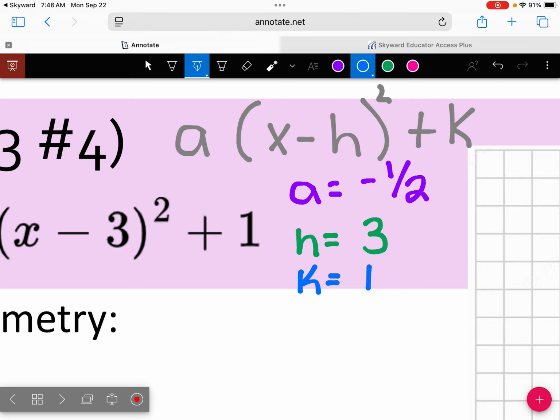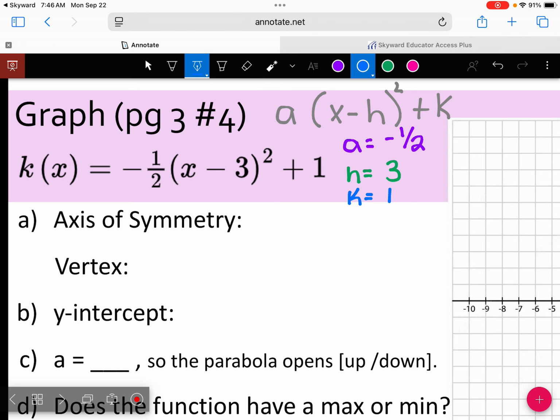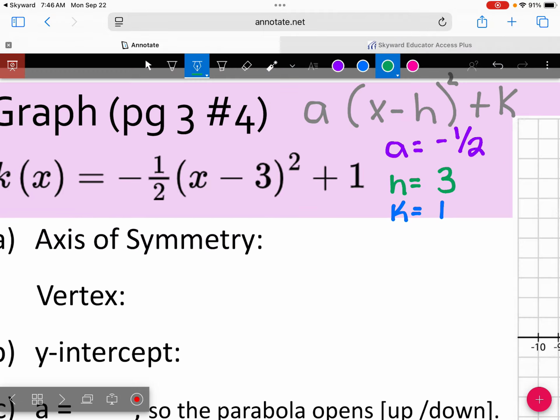And in fact, the place where we started on our absolute values is the exact same place we're going to start here. It's going to be our vertex. Where is our vertex going to be? 3, 1. It comes from these guys. It's our h, k.